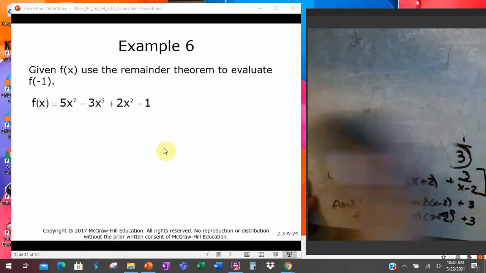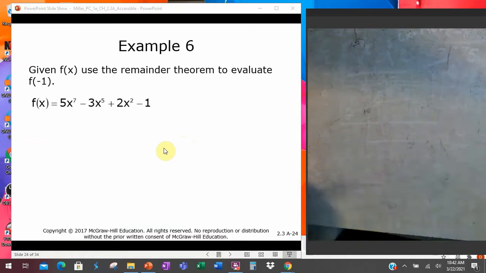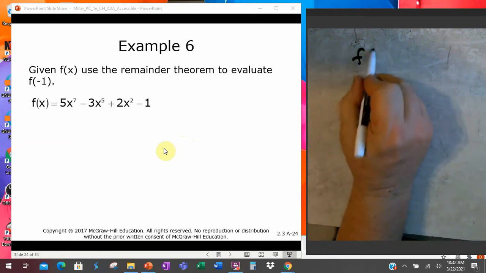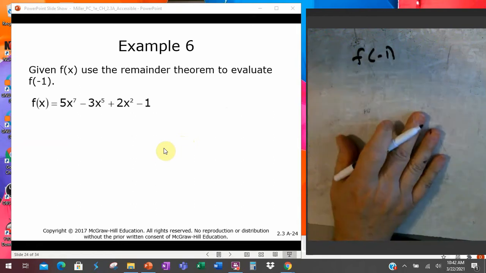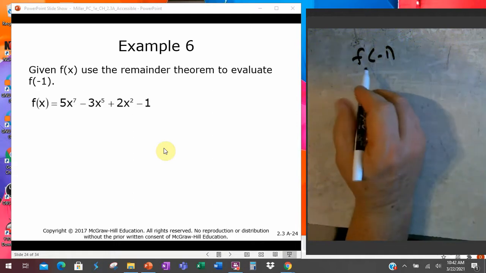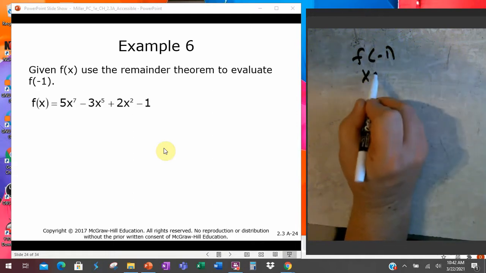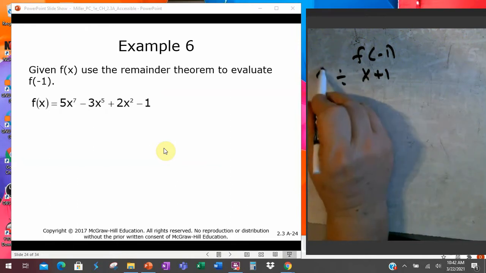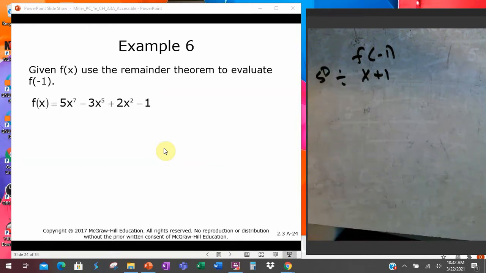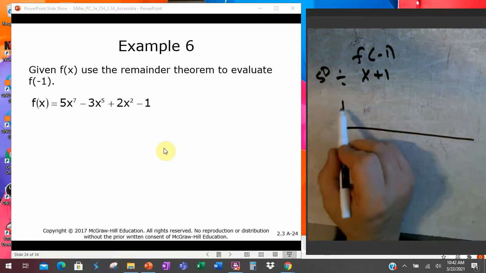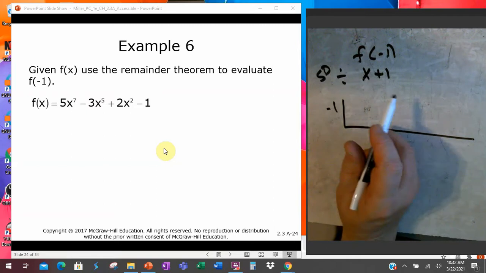So if I want to evaluate, there's two pieces of it. Use the remainder theorem to evaluate f of negative 1. Okay, so what they want you to do with the remainder theorem is do synthetic division by x plus 1. Okay, so I'll do this real quick. Here is my negative 1. That's what I'm doing here.